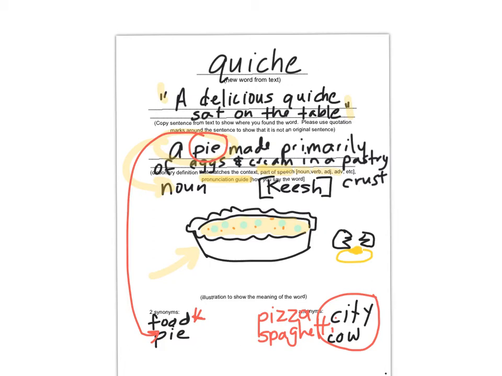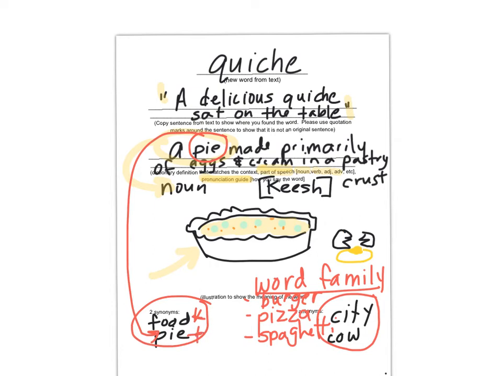Because a quiche is a pie, and a pie is a kind of food, your antonyms really need to fit in that word family. So when I think about kinds of food that quiche is not, it's not pizza, it's not spaghetti, it's not a burger, but it is a kind of food. So it is food, it is a pie, but it's not a burger, a pizza, or spaghetti. So the next page, we're going to look at how to use it in a sentence and how to find examples of that word.